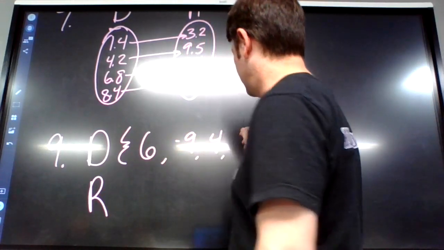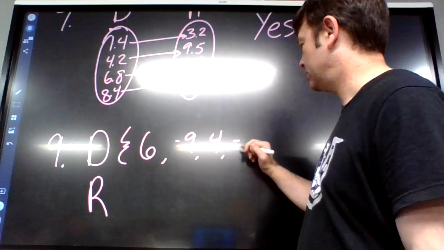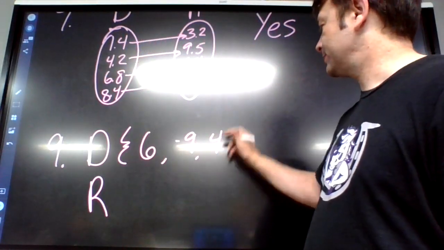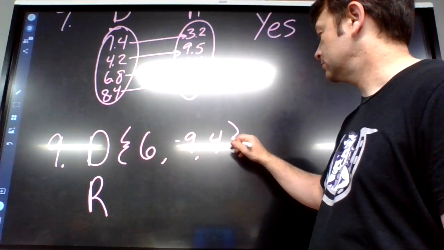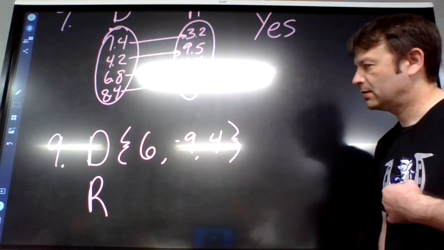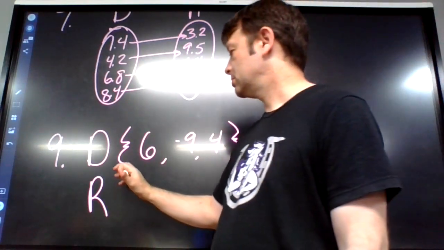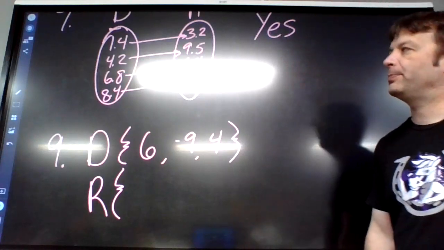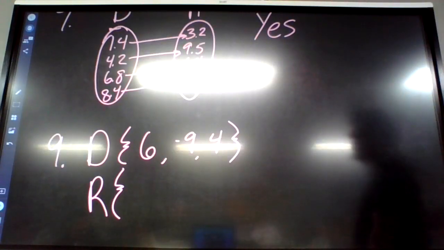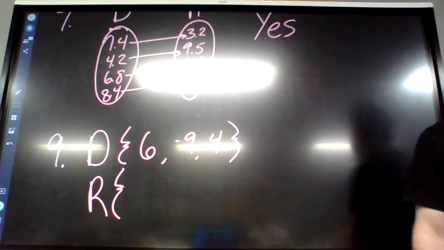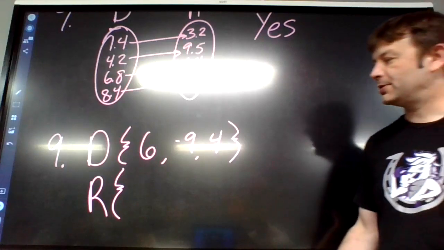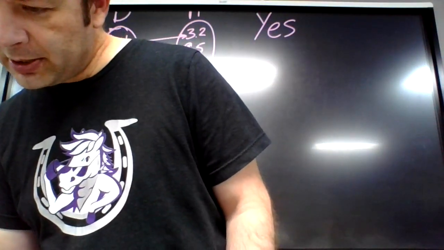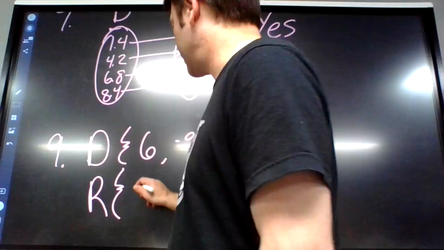So you only write -9 once, though. I thought we had to draw the ovals. That was a map. Those are called mappings. This is just set notation. What's in the range? 10, 14, 2, and 8.